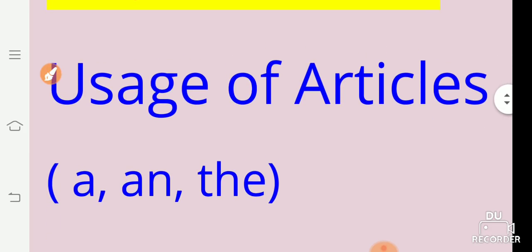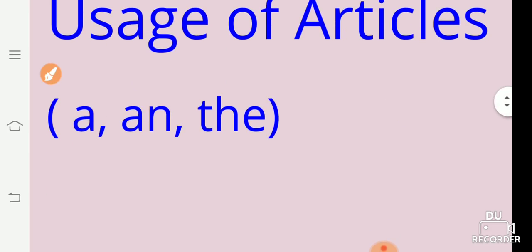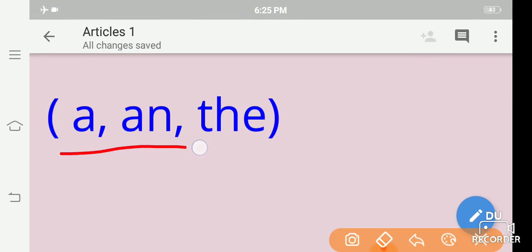Today I would like to discuss with you people about usage of articles. As we all know, there are three articles in the English language, such as a, an, and the.